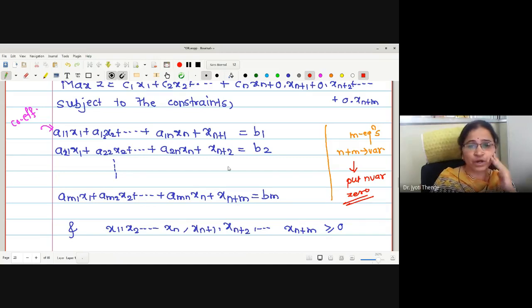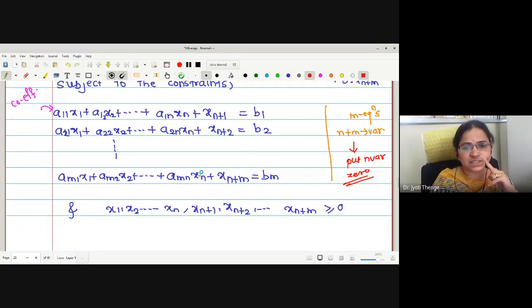So what is a solution? A solution is any set of variables x1 to x(n+m) which satisfies the constraints. I am not going to the optimized solution. Second is the feasible solution. Whatever the solution is, if it satisfies the non-negativity restrictions, the values are feasible, acceptable.